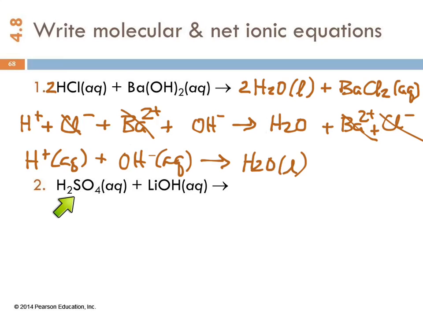So I'm looking at this and I'm saying, okay, I've got hydrogen ion and sulfate ion, and I've got lithium ion and hydroxide ion. I'm going to swap partners. The hydrogen and the hydroxide are going to make water. So I'm going to get H2O.